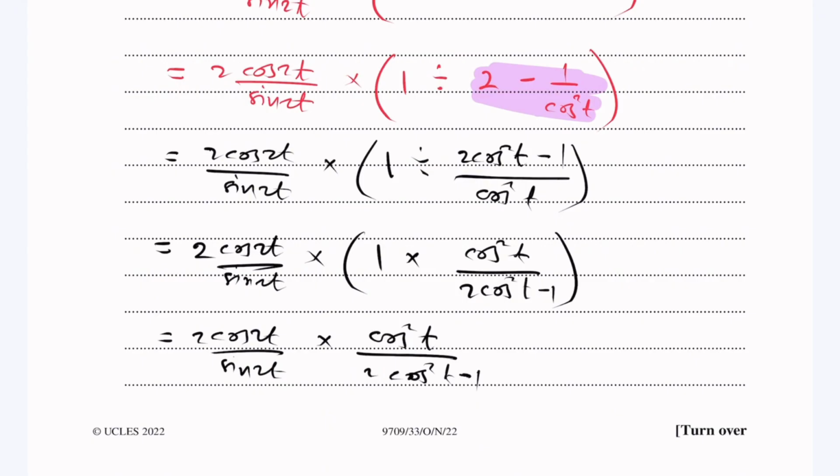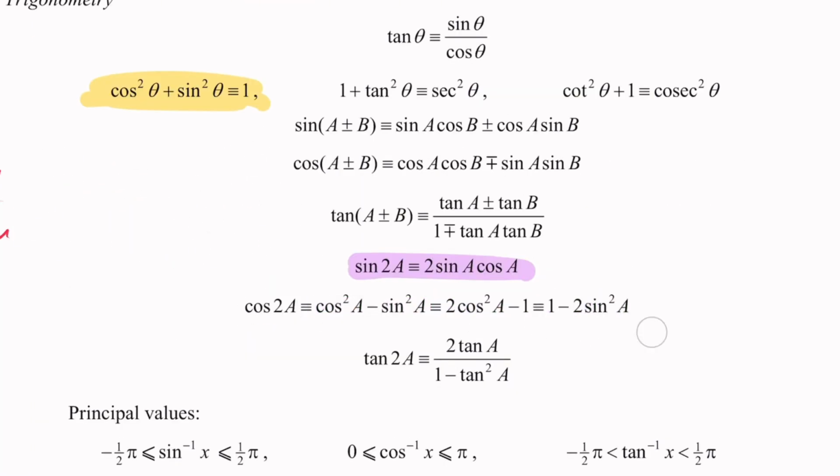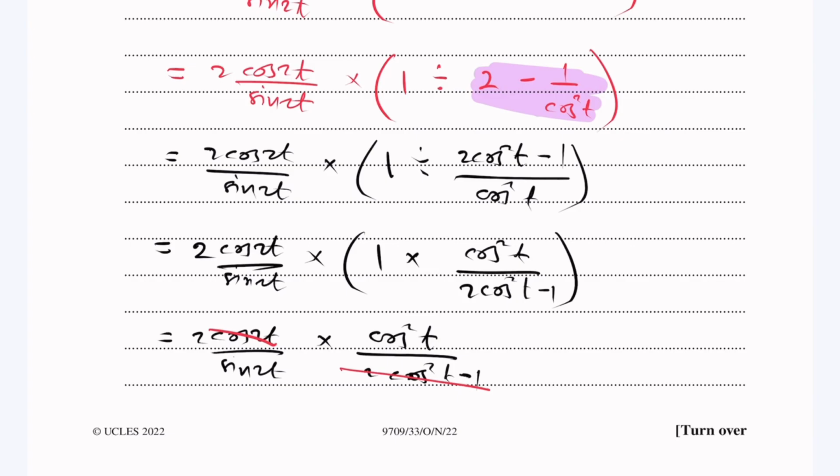Now, if you check, this and that are the same. Why? Because check the identity for cos 2a and this. They are the same. 2 cos square a minus 1 and cos 2a are the same. Therefore, I could easily cancel out these two, claiming that they are the same.